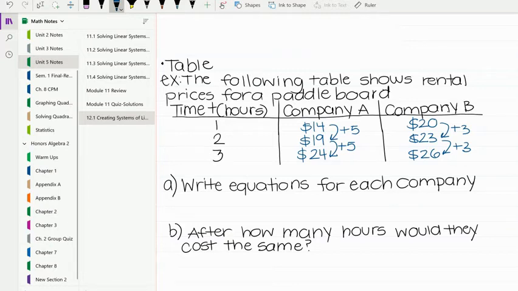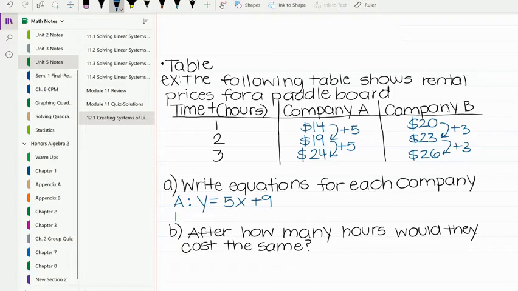To get that y-intercept, which is technically the 0th term, we would want to go backwards. So I'm going to subtract 5, which would give me 9. So for company A, our equation would be y equals 5x plus 9. So 5 is the charge per hour, and 9 is our sign-up fee.